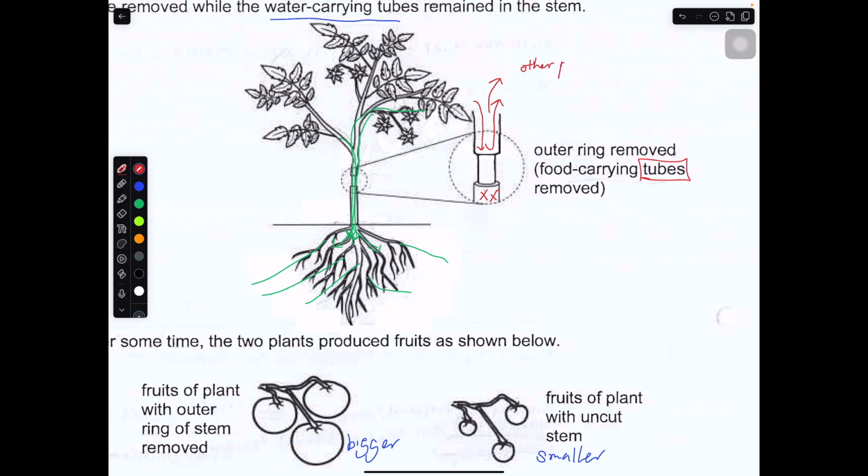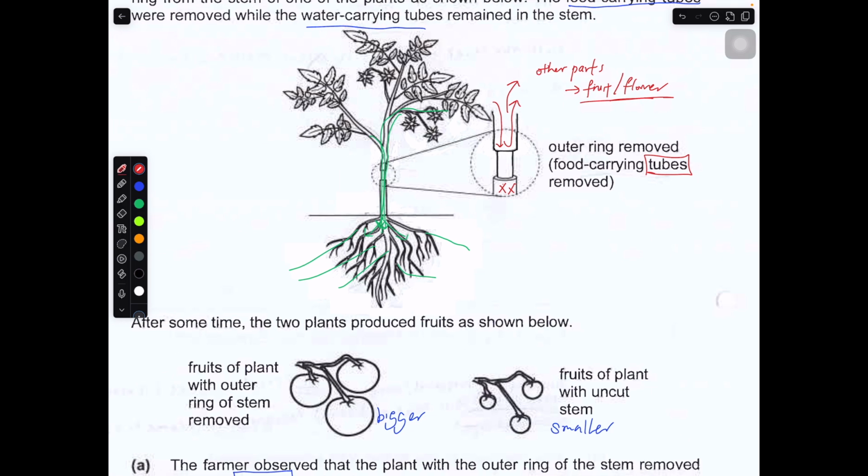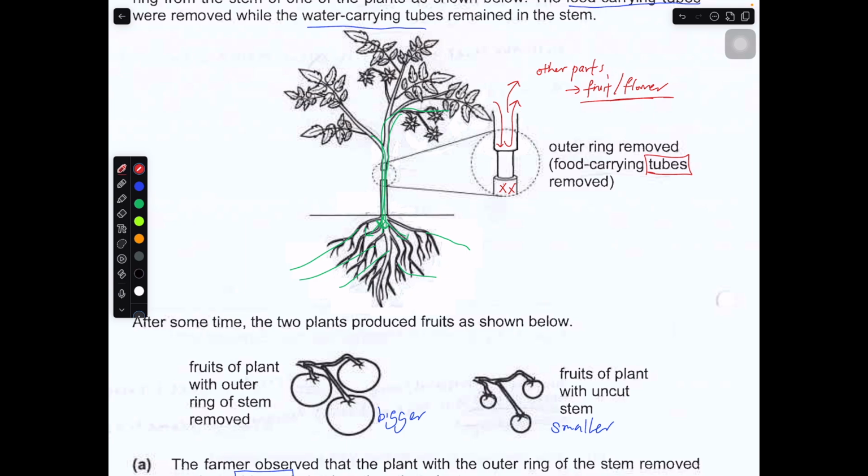Other parts refers mainly to the fruits or even the flowers, to build this part. And in this question, it is probably the fruit itself.